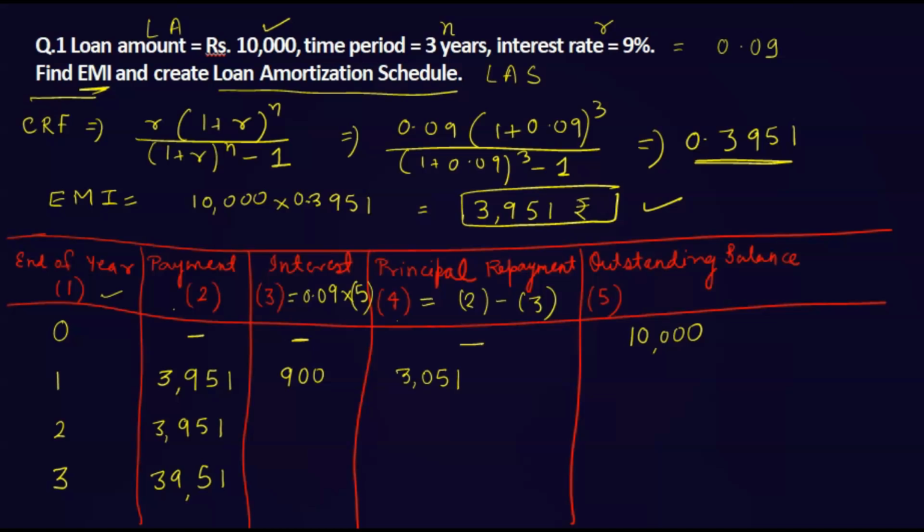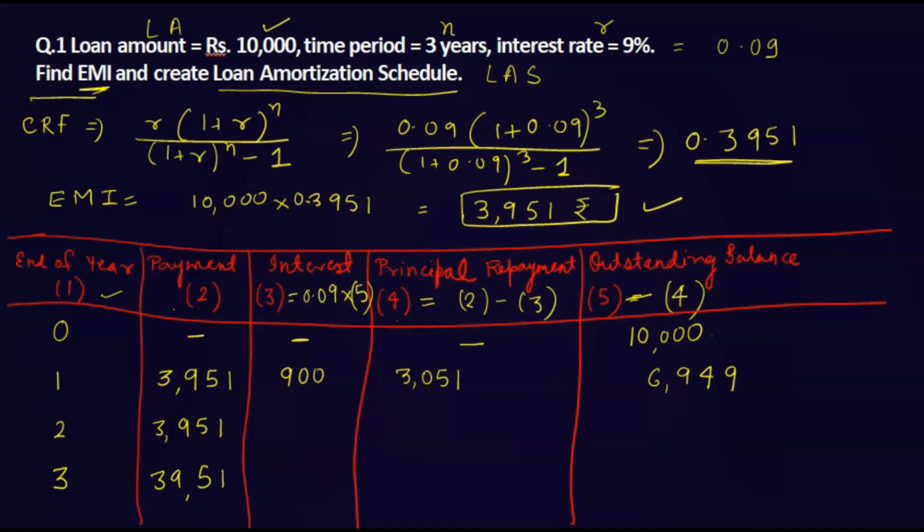Now outstanding balance, this is the fourth column. 10,000 was there, so 10,000 minus 3,051, because here we are taking the principal amount only. 10,000 is the principal amount without interest, so we need to subtract only principal amount here. So 10,000 minus 3,051 will be 6,949.